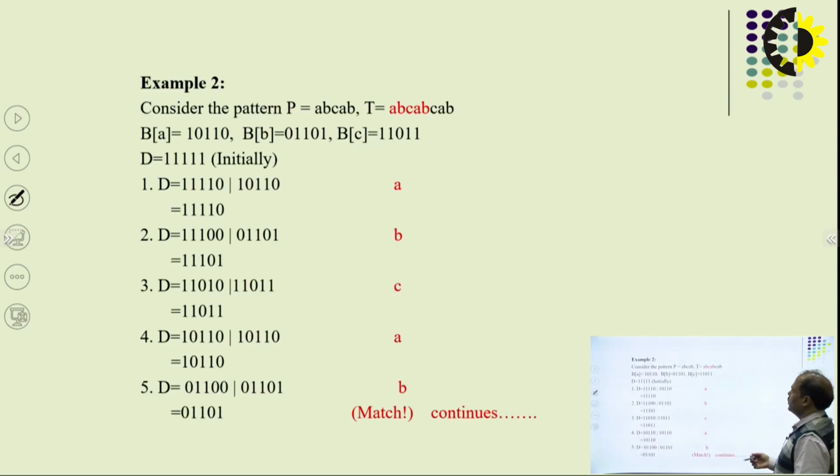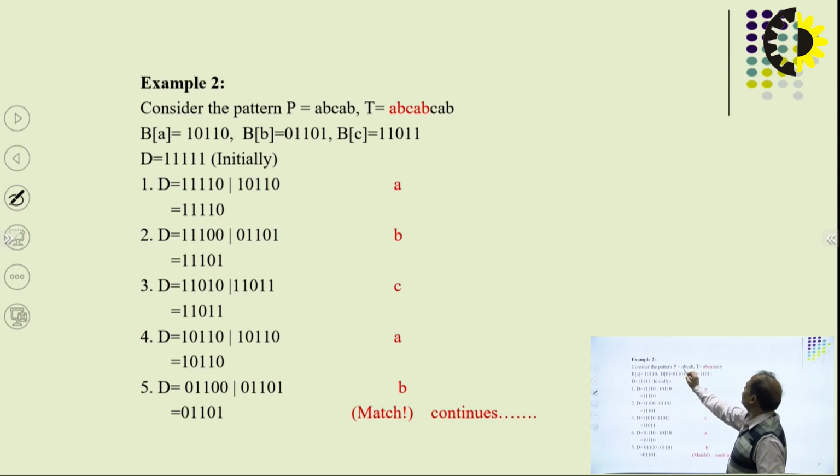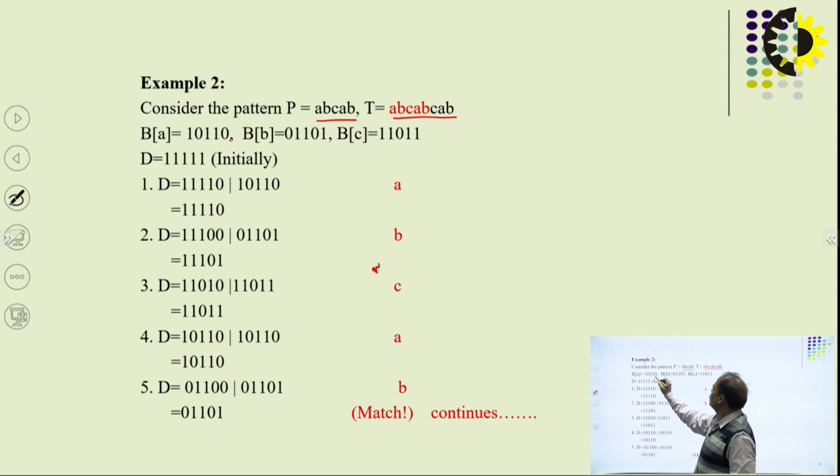Let's have another example. Consider the pattern. Let's say this is the pattern and this can be the text. The text can be anything, it is not a problem. This is pattern A: so you see here 0 1 1 and then 0 1, right? Pattern B 1 then 0 1 1 0. Same thing, BC only one place.